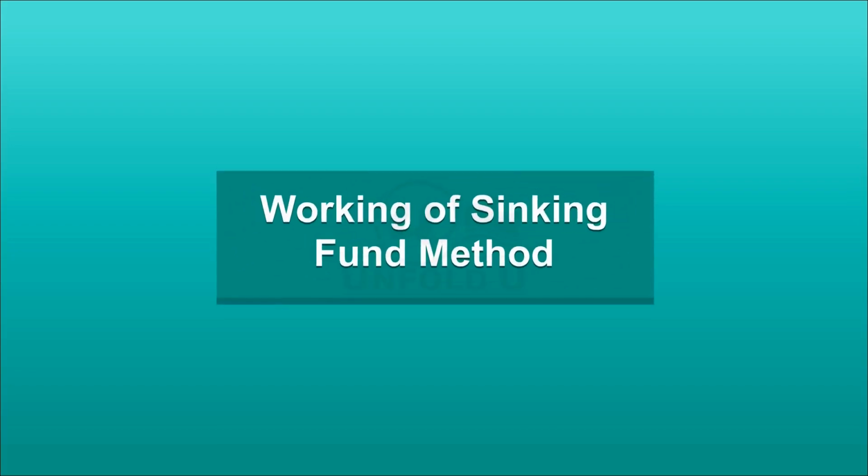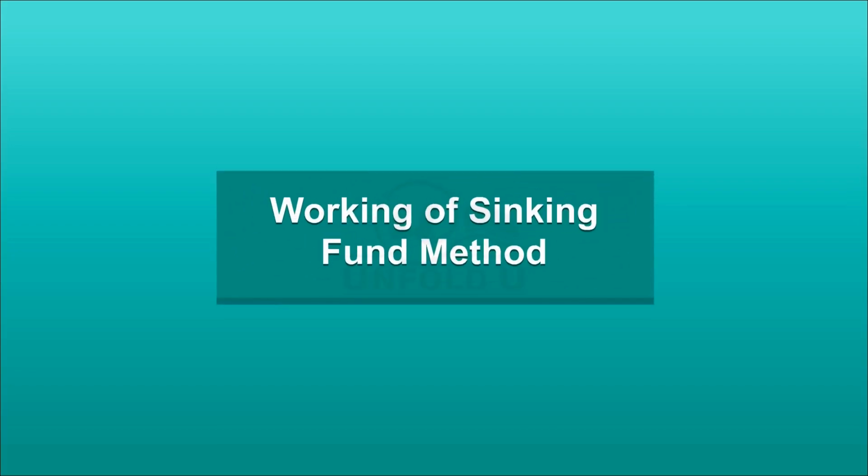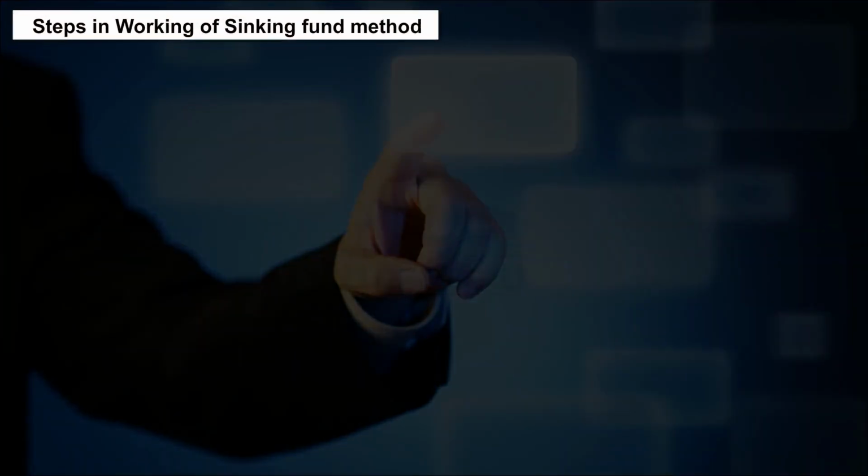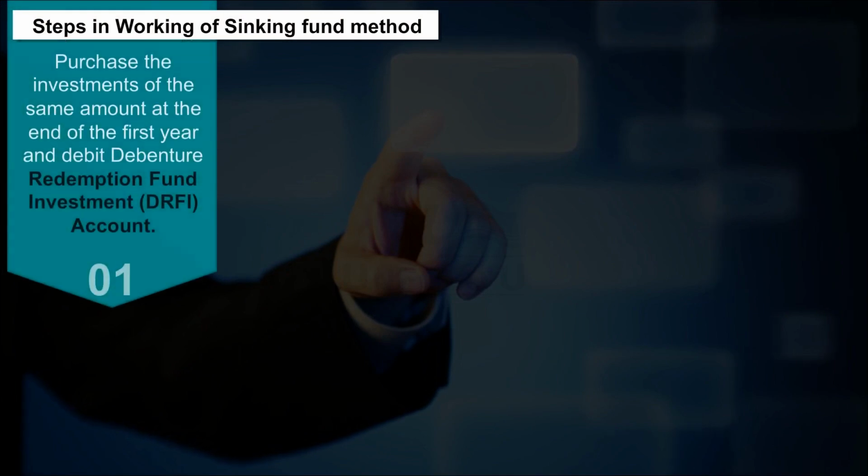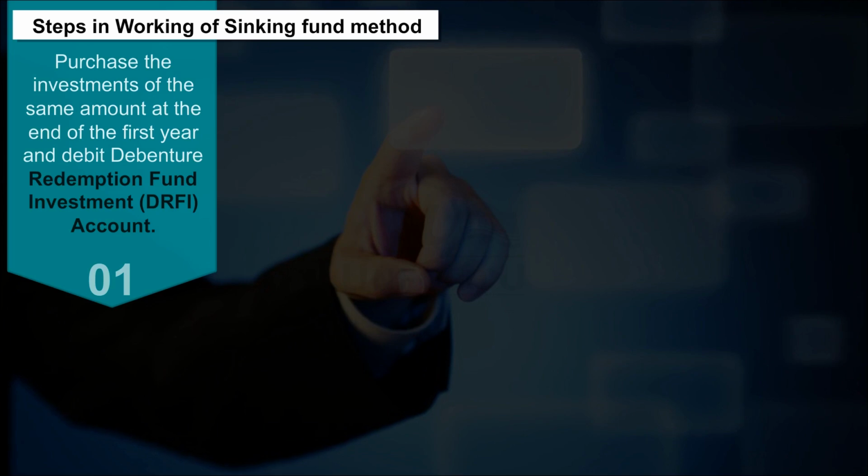Working of sinking fund method. Steps in working of sinking fund method. 1. Purchase the investments of the same amount at the end of the first year and debit debenture redemption fund investment DRFI account. 2.